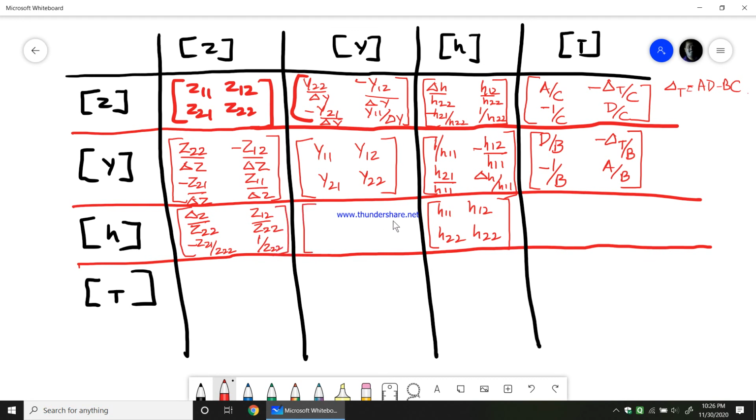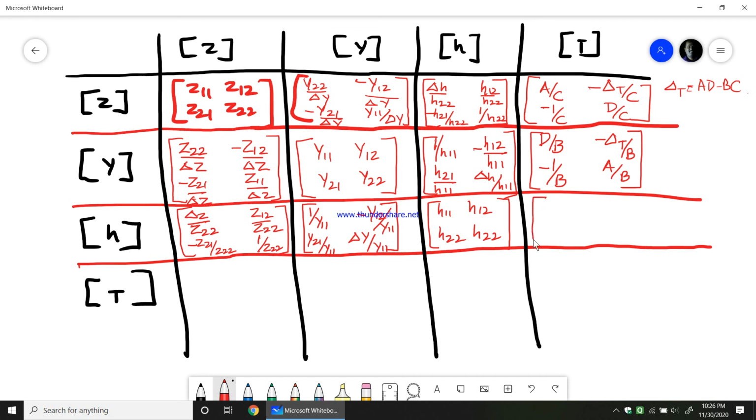So H parameters in terms of Y parameters, if we are doing, 1 over Y11 is H11, minus Y12 by Y11 is H12, Y21 by Y11 is H21, delta Y by Y11 is H22.